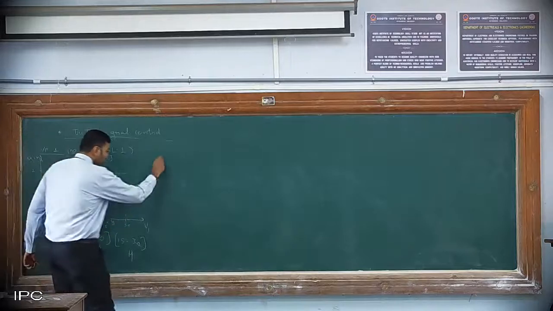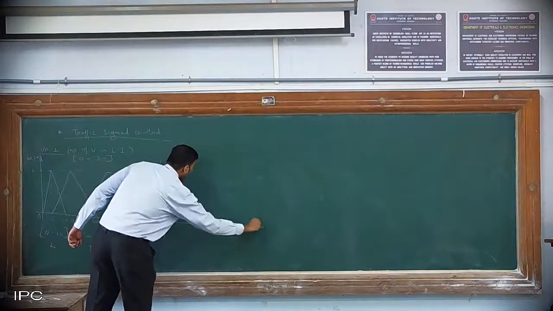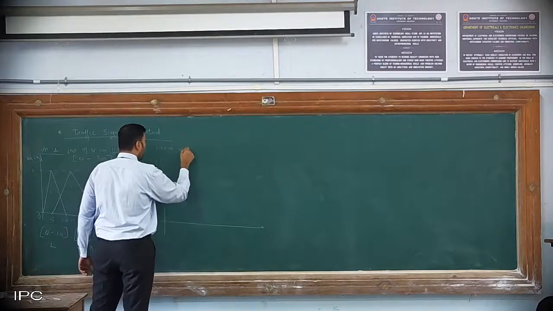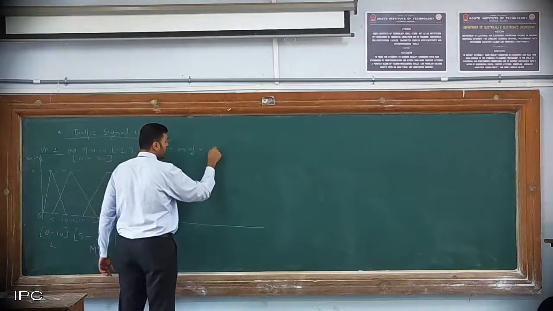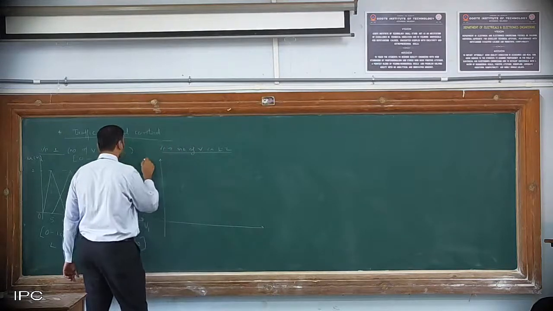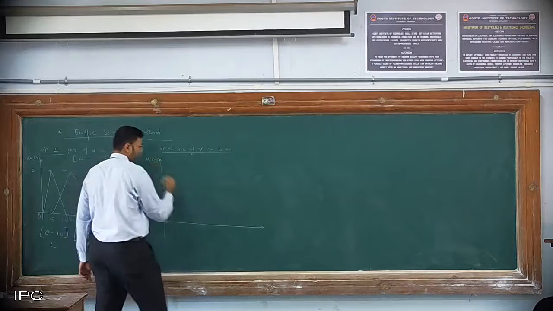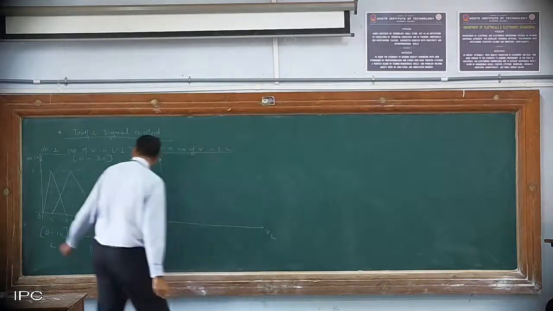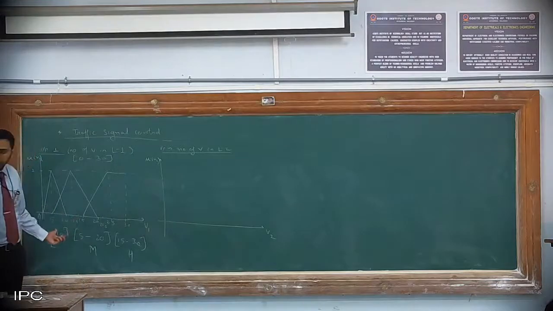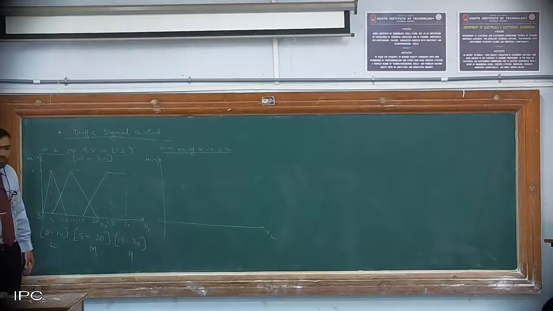Next, second input: number of vehicles in lane 2. Again the same diagram, V2. Shall we categorize it the same way? If we are doing it for lane 1 like this, lane 2 also has to be considered similarly.